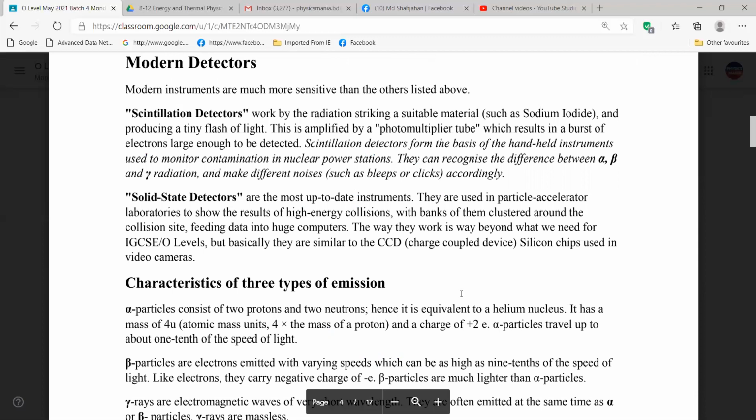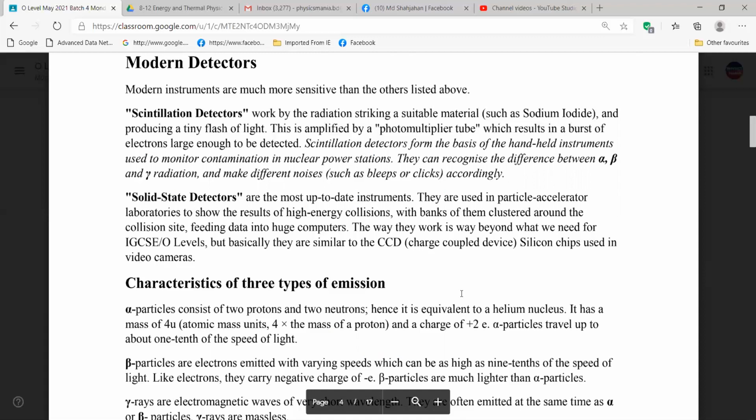Yes, sir. Modern instruments are much more sensitive than the others listed above. Scintillation detectors work by radiation striking fluorescent materials such as sodium iodide and producing a tiny flash of light.